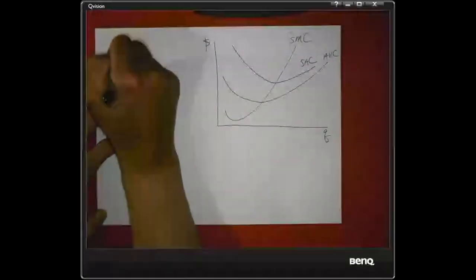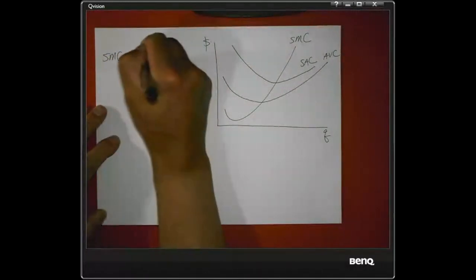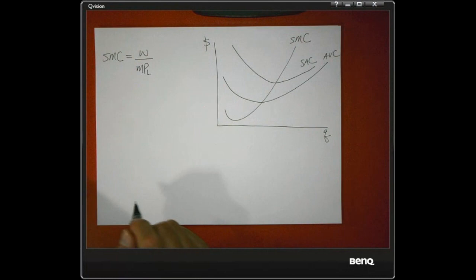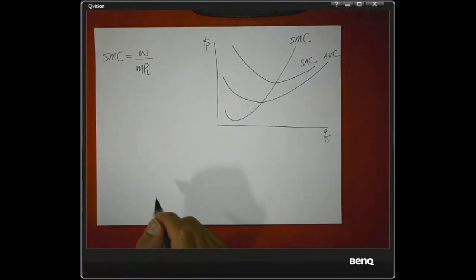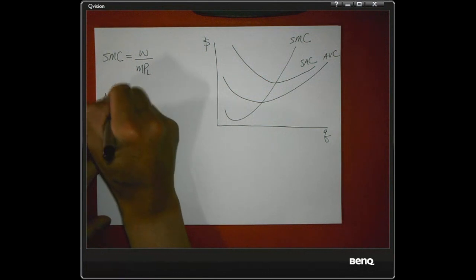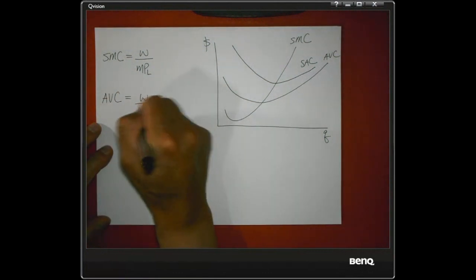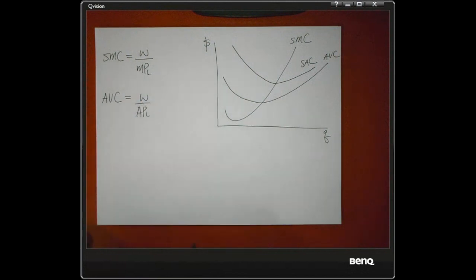And we know short-run marginal cost equals W over marginal product of labor. And the average variable cost equals W over average product of labor.